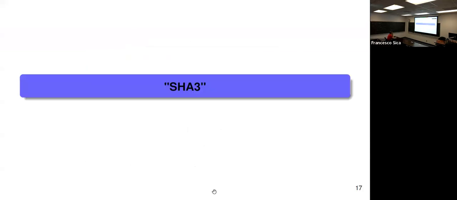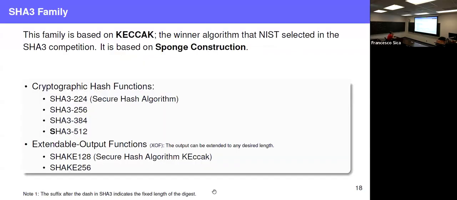Now, let's take a brief look at SHA-3. SHA-3 is based on the Keccak algorithm. Keccak was the winner of this competition. Unlike SHA-2, SHA-3 uses sponge construction.